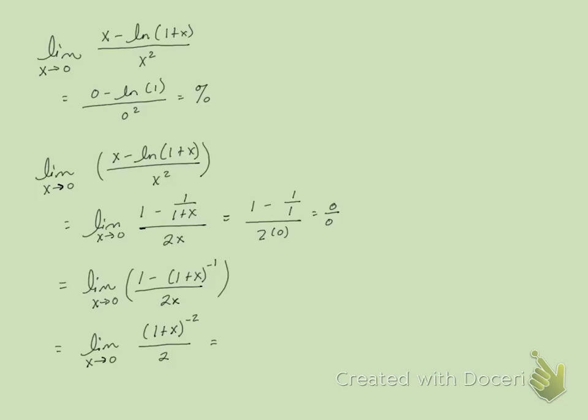This leaves us with the limit as x goes to 0 of 1 over (1 plus x) squared, over 2. Now let's substitute 0 for x, and we will have 1 over (1 plus 0) squared, over 2, leaving us with 1 over 2, or 1/2, which is the same answer that Dr. Lee got in the previous slide.